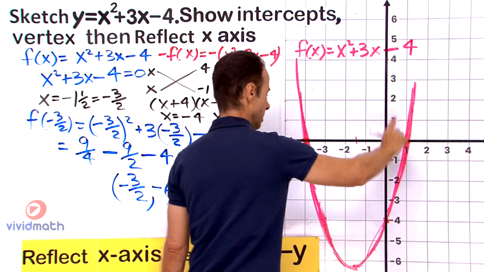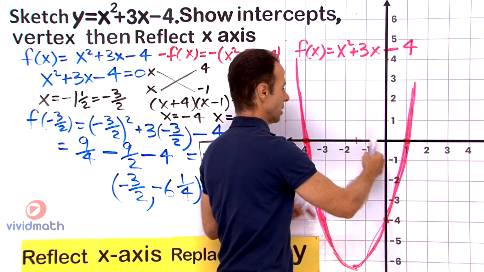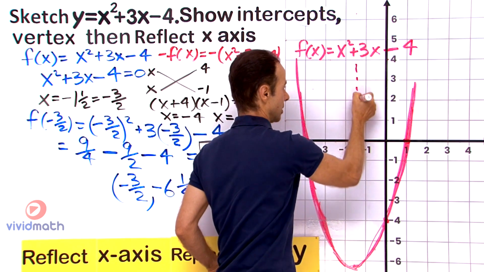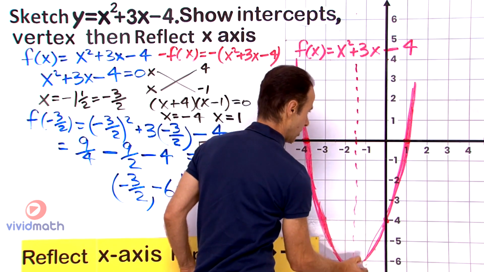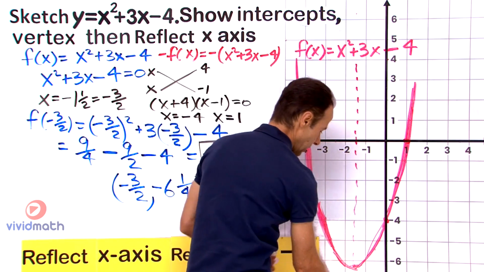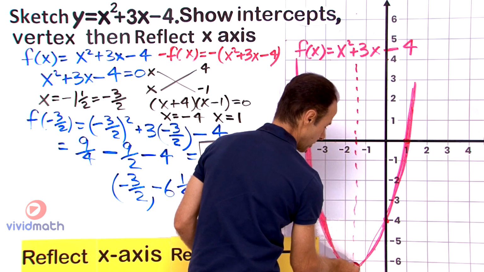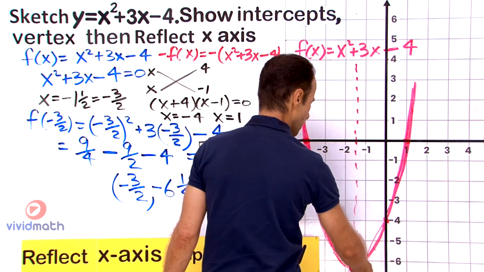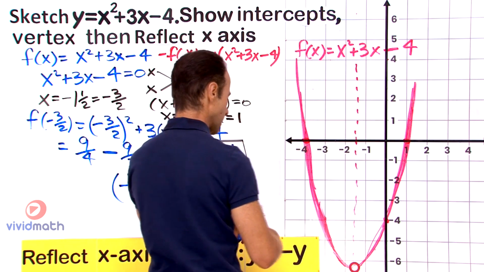There it is right there. The two x-intercepts, the middle vertex, right through that, negative 1.5, and down the bottom right here, at this point over here, that's minus 6 1/4. So I'll just put that vertex there.